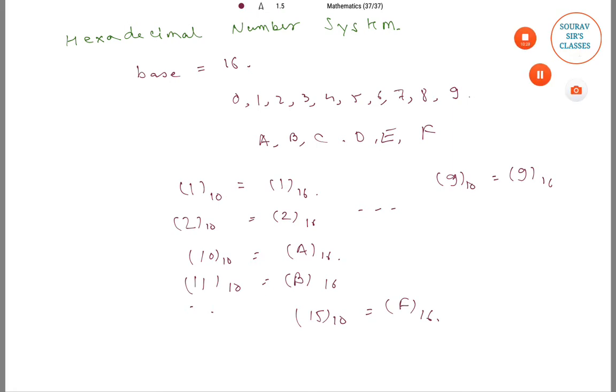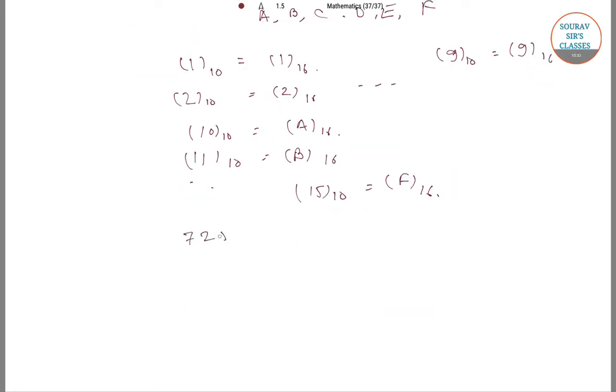So when we convert 725 of decimal system to hexadecimal, we will do it as follows. We will divide 725 by 16. The quotient would be 45 and remainder would be 5. Then we divide it again by 16. The quotient is 2 and remainder is 13.